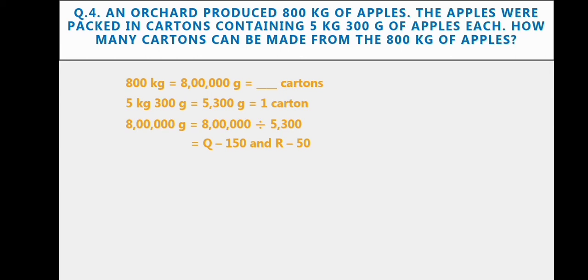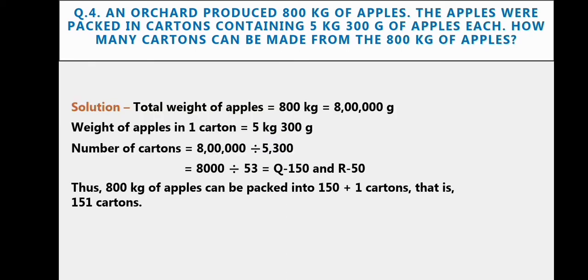So how many cartons will be needed to pack 8 lakh gram of apples? If one carton can contain 5 kg 300 gram, that is equal to 5,300 gram. So to identify this, we have to divide them. So quotient will come 150 and remainder will come 50.